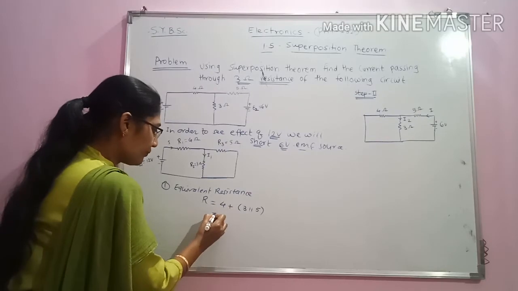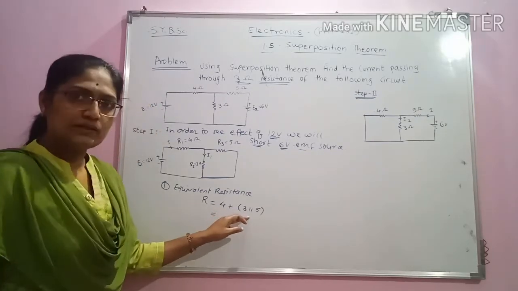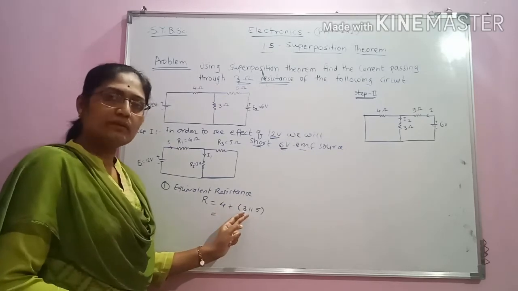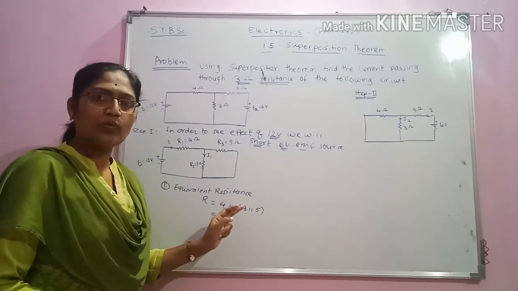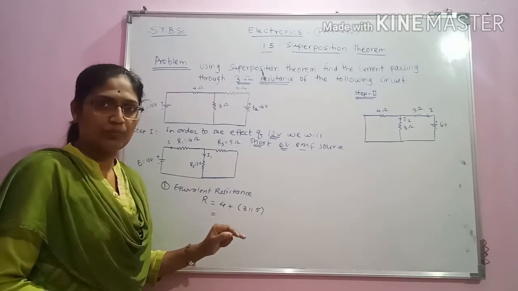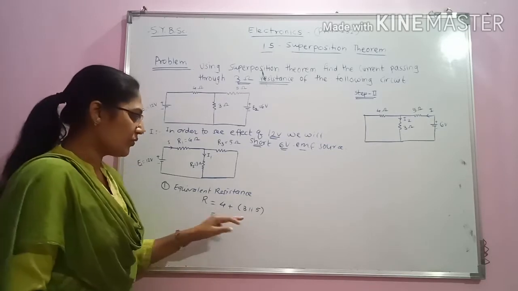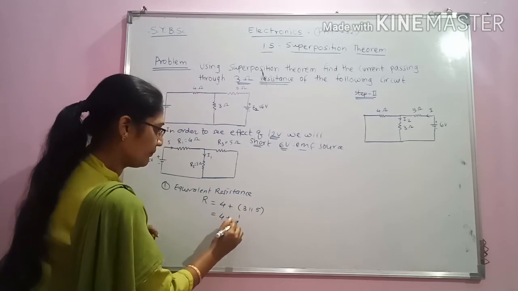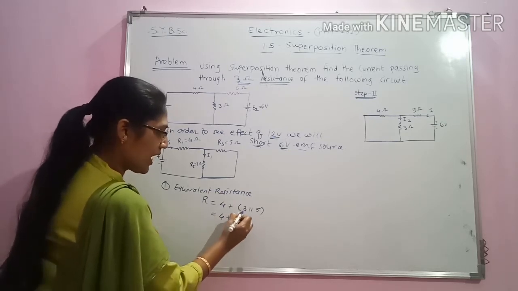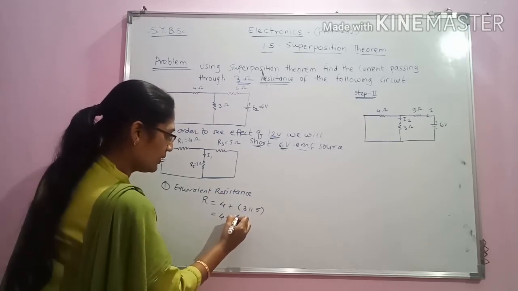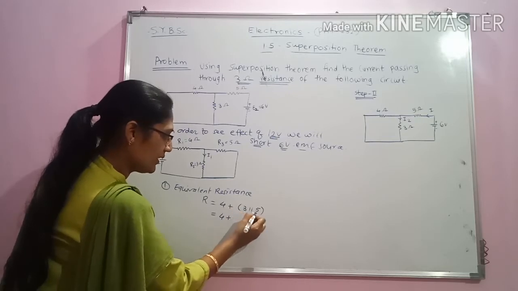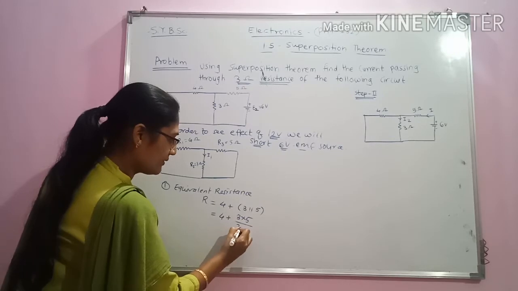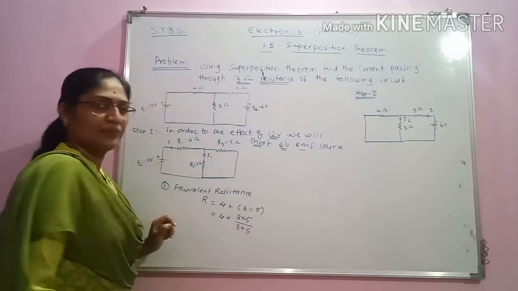And we know that in case of a parallel circuit, the resultant resistance is given by 1 upon R is equal to 1 upon R1 plus 1 upon R2. Therefore, this will become 4 plus R1 R2 divided by R1 plus R2, that is 3 into 5 divided by 3 plus 5.